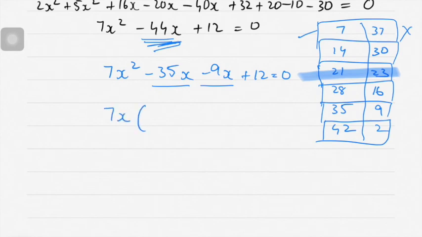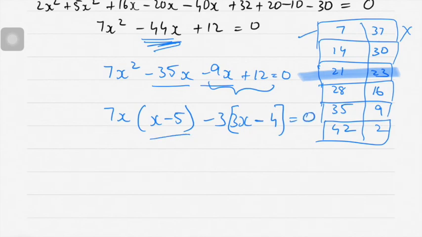So if I break like this, so 7x I am taking out, then x minus 5 is remaining. But here what I can do is I can take 3 common. 3 is common. So 3x minus 4 is remaining. 3 4s are 12, no? Yeah. Again the bracket is not same. Correct?